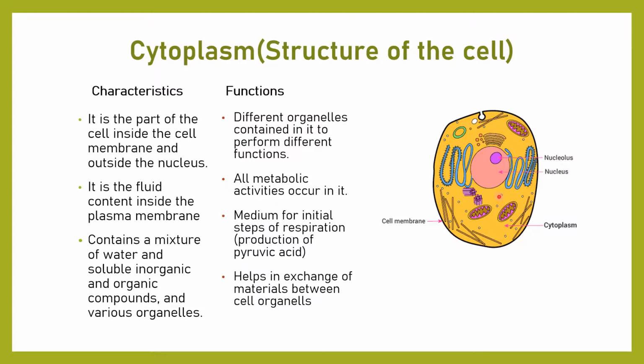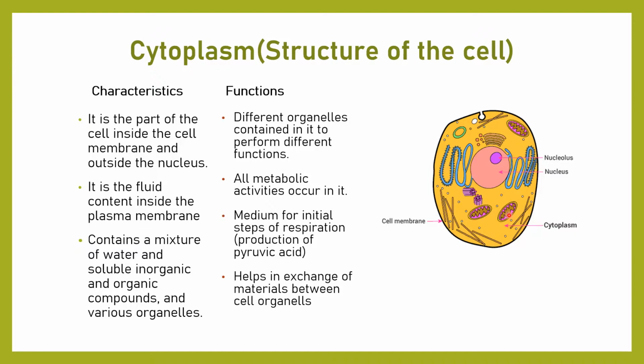Glyco means glucose, lysis means breaking down. So glucose is breaking down in the cytoplasm, right? The first step takes place in cytoplasm, and then pyruvic acid moves to the mitochondria. These are the mitochondria, right? And further breakdown of pyruvic acid into carbon dioxide, water and ATP takes place in the mitochondria.